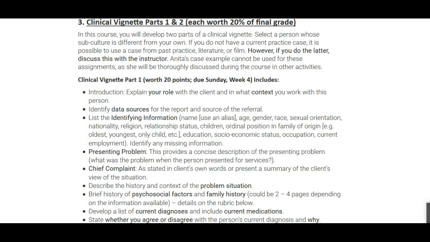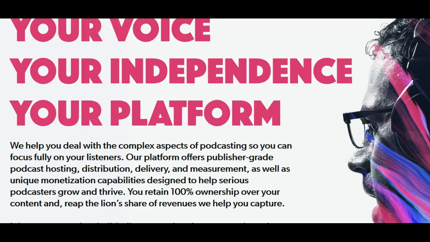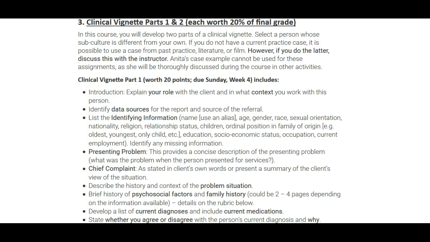Like, you want to state the chief complaint that the client states, like their perception, but then the actual perception based on your information. Okay, makes sense?